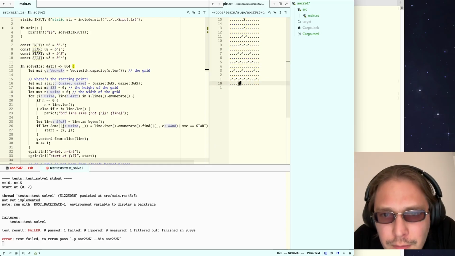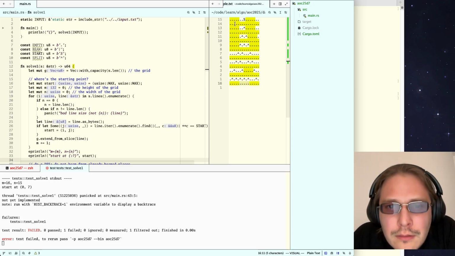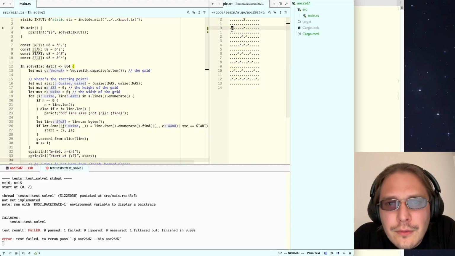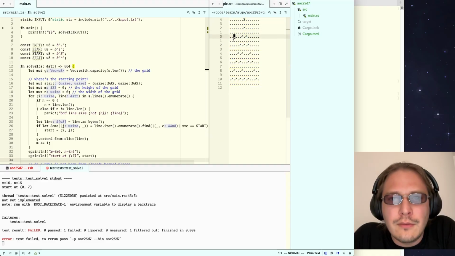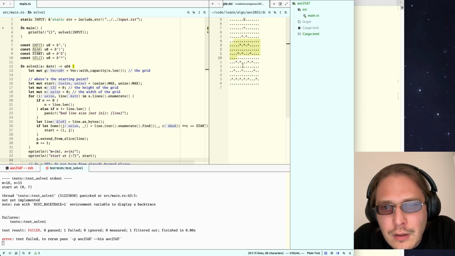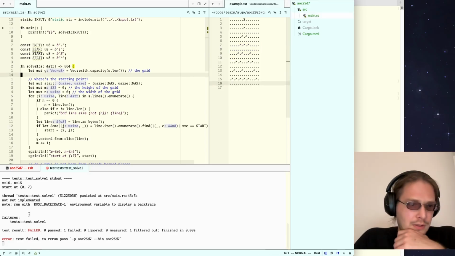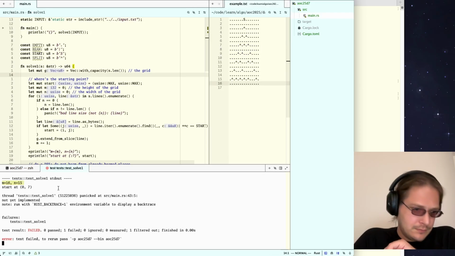I was just trying to highlight this line. Ah, yeah, okay. 1, 2, 3, 4, 5. 1, 2, 3, 4, 5. And here it's, yes, it's 16. Okay, I think this checks out.